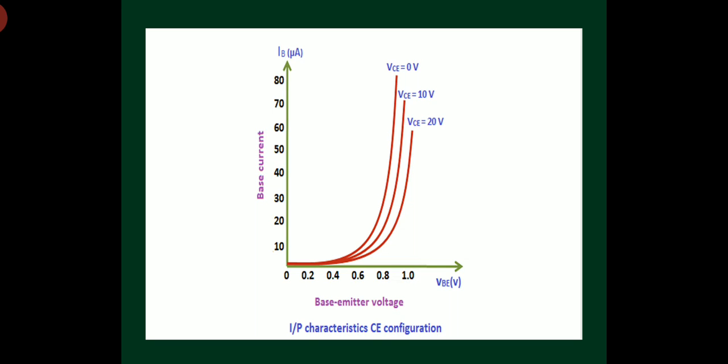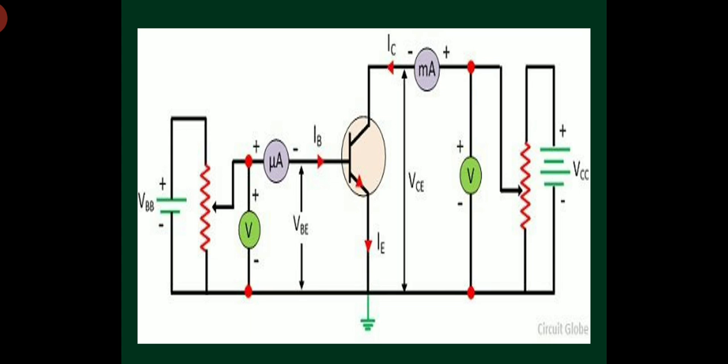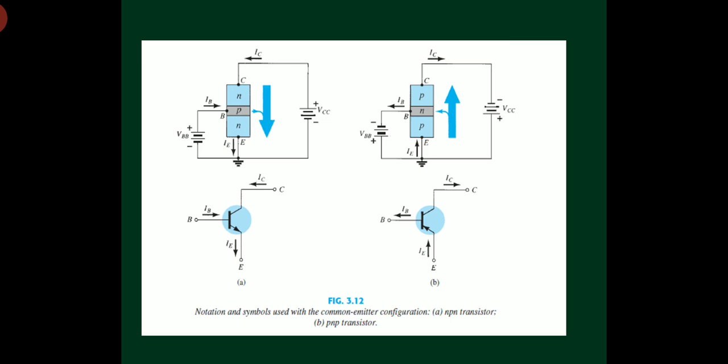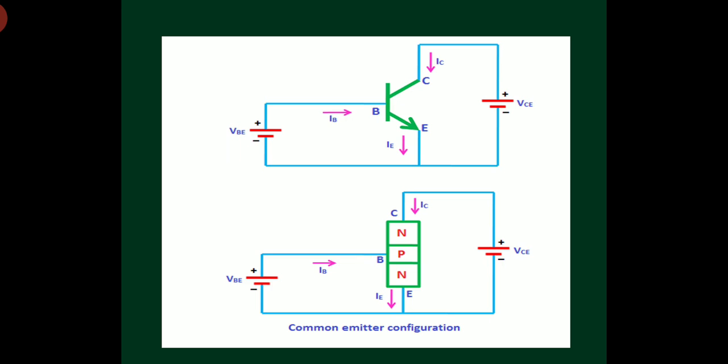If I increase VCE, let us suppose VCE equal to 10 volts, what will happen? Reverse bias is increased much more. So junction JE is forward biased, junction JC is reverse biased, and I am applying now a high reverse voltage VCE, 10 volts.